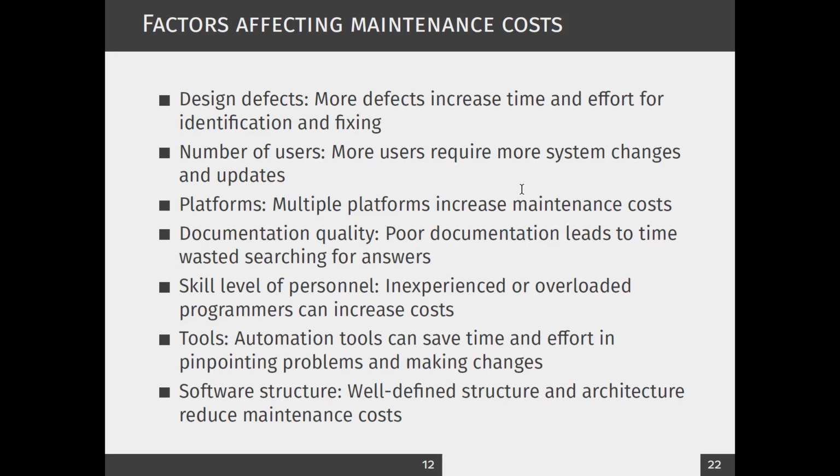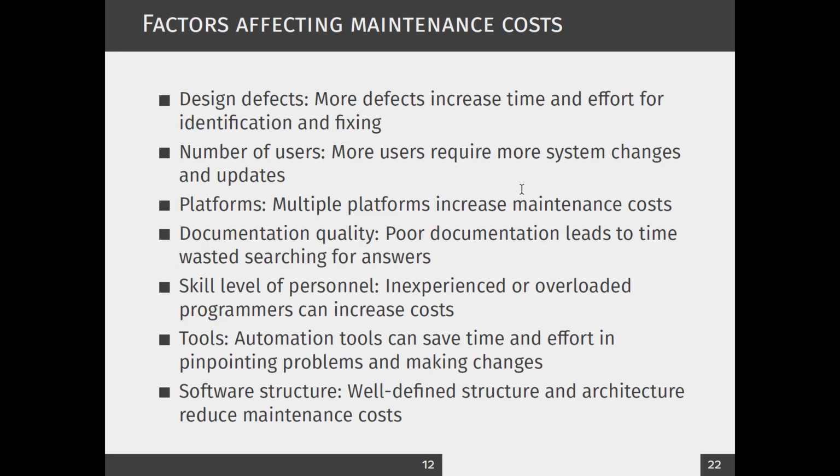Fourth one. One of the things we are not focusing on nowadays is documentation, but that really matters when it comes to maintenance. Nowadays we have an agile world where we focus on rapid development of software prototypes, and we are not focusing very much on documentation. But remember, documentation quality affects the maintenance.